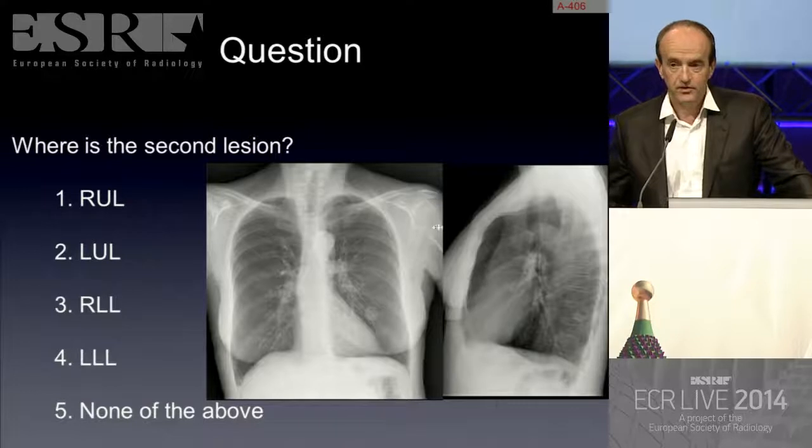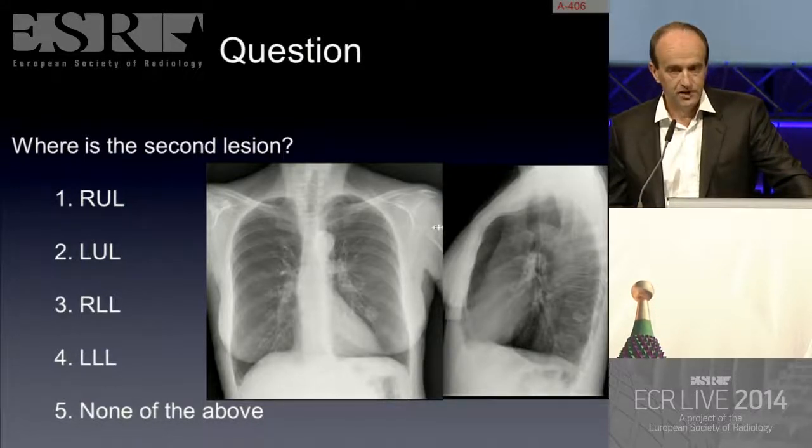And now the question, where is the second lesion? Right upper lobe, left upper lobe, right lower lobe, left lower lobe, or none of the above? Please vote now.